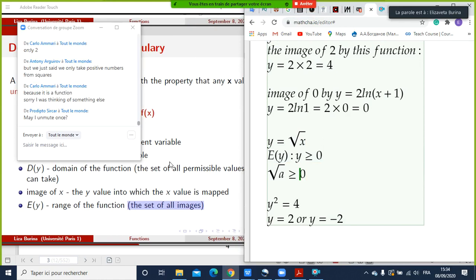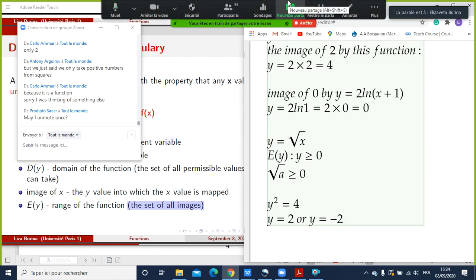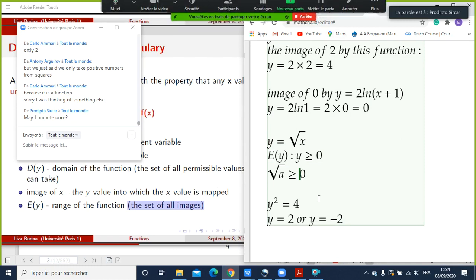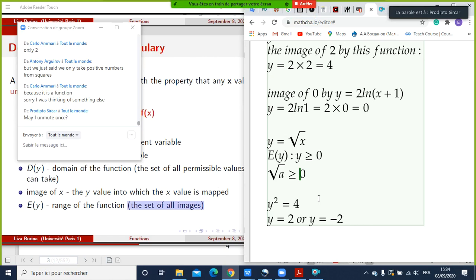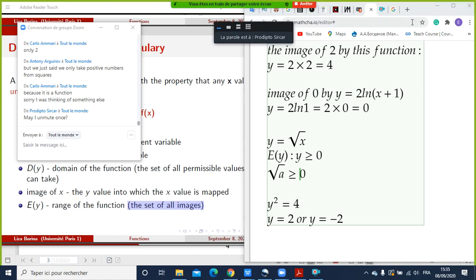yes, please. Am I audible? Yes. So if you assume y is equal to root x, that's also a parabolic function. If you just set aside economics and the first quadrant, it's a parabolic function which can be extended not only in the first quadrant, but if you plot the function, it goes to the fourth quadrant as well, because for one value of x, we can get two values of y.